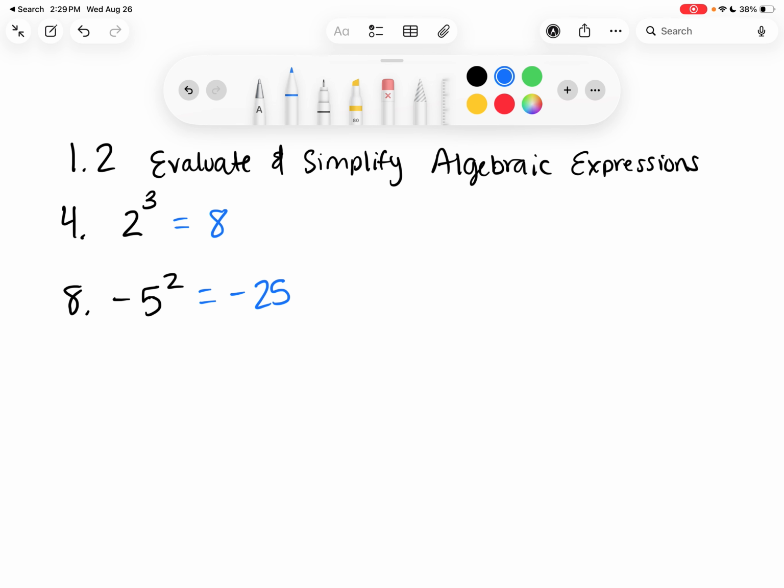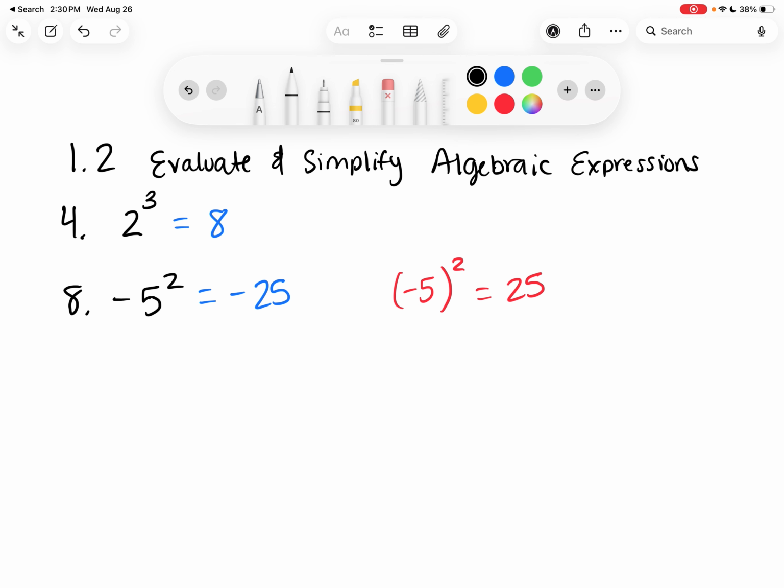The difference would be if instead I had -5 in parentheses squared, that would be +25. So make sure we watch whether the negative is in the parentheses or not. And obviously even exponent versus odd exponent makes a difference as well. We'll see that in a second.